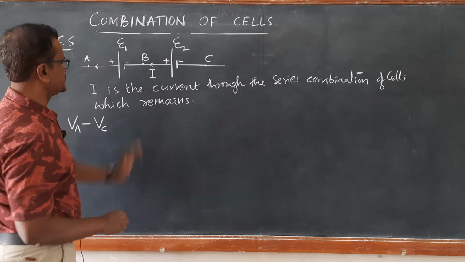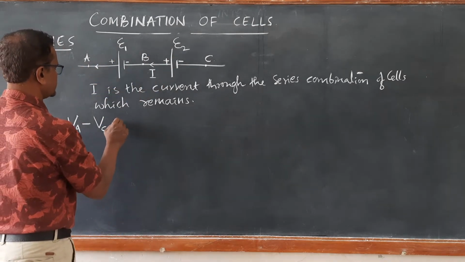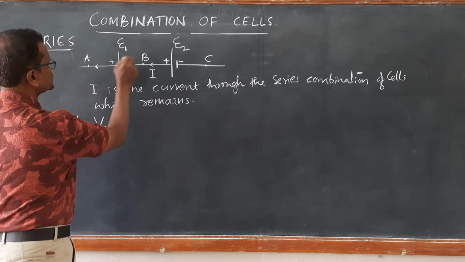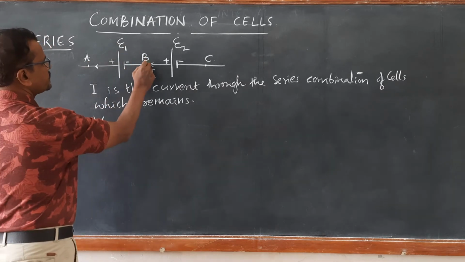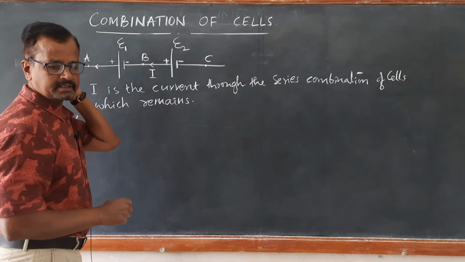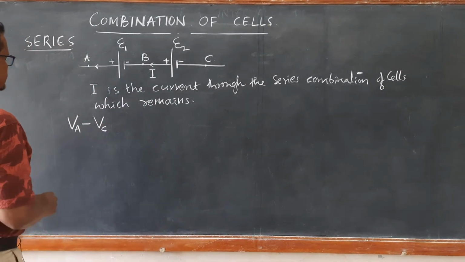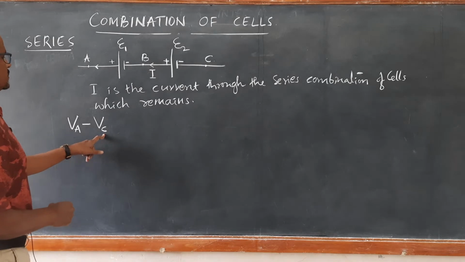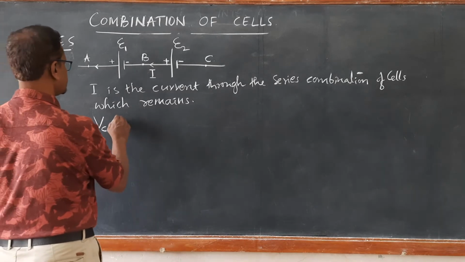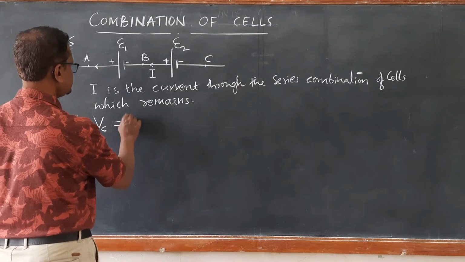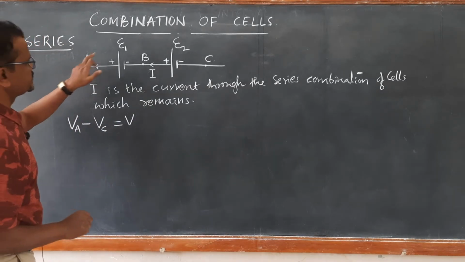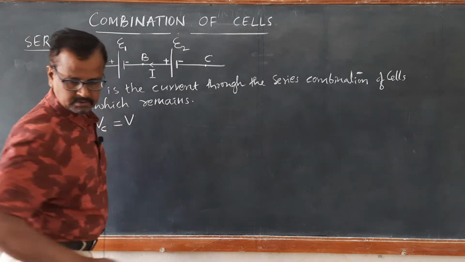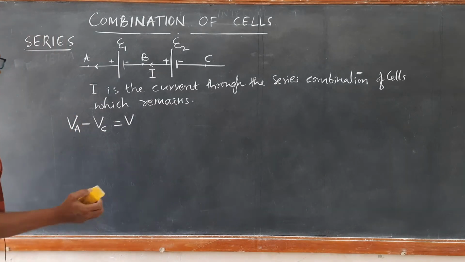See, which is possible by finding out what is potential difference between A and B and then potential difference between B and C. So, VA and VC, if you are calling it as V, first we will find out what is VA minus VB.